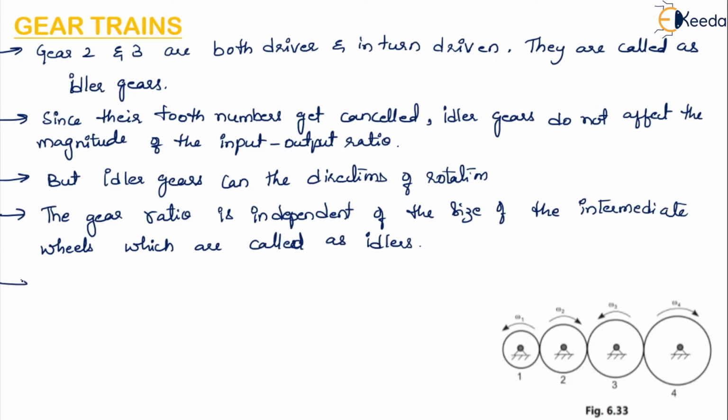For an odd number of externally geared wheels, the direction of rotation of the last wheel is the same as that of the first wheel. Here the number of gears is even, not odd.